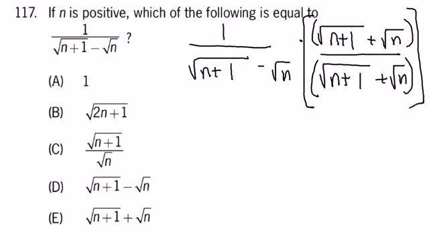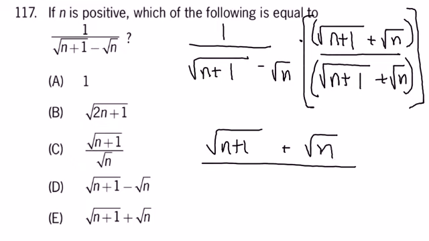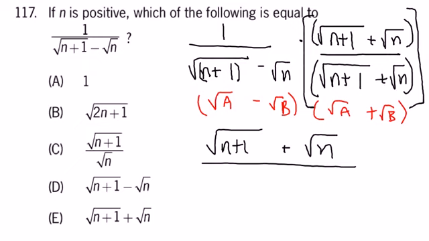Now, the numerator is just going to be root n plus 1 plus root n, and the denominator is exactly one of these, root A minus root B times root A plus root B, which we just demonstrated was A minus B. In other words, in this case, it's going to be n plus 1 minus n.